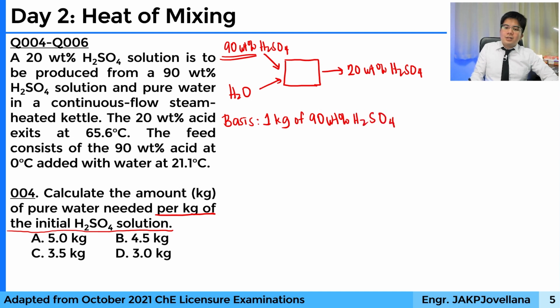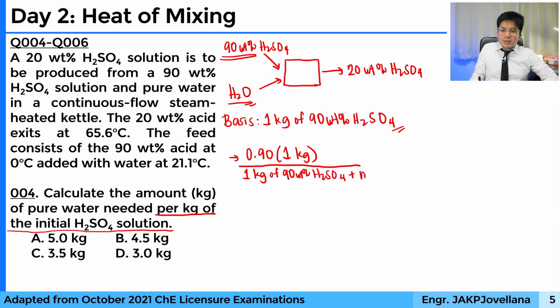Since the sulfuric acid is being diluted by water, this amount of sulfuric acid will not change. The concentration will decrease, but the amount of sulfuric acid is constant. So in this case, you can write 0.98 of this 1 kilogram solution divided by its total mass at the exit, 1 kilogram of 98% sulfuric acid plus the water that is added to dilute it, which will give us the 28% sulfuric acid, which is 0.28.